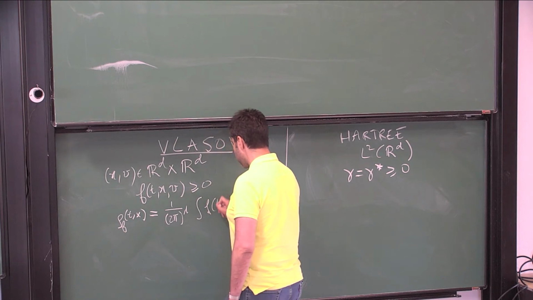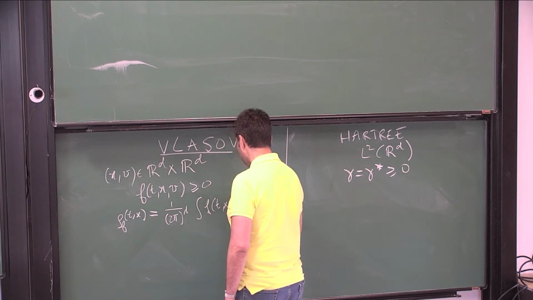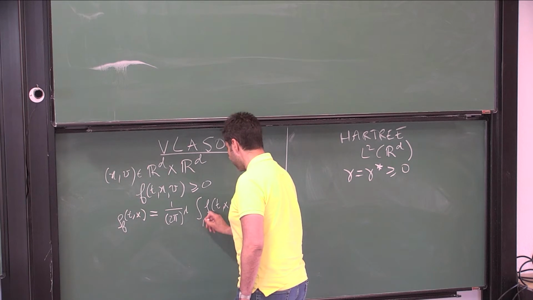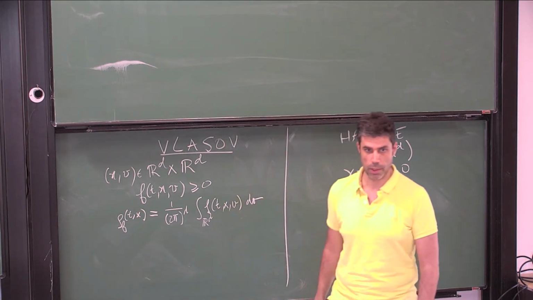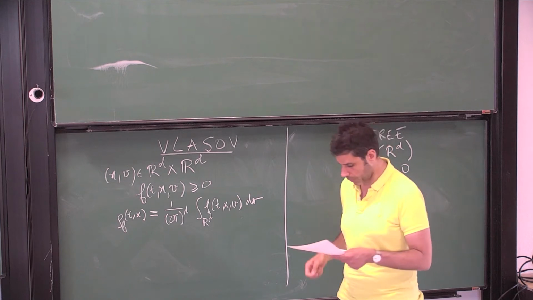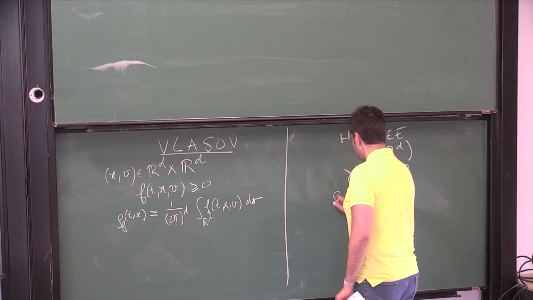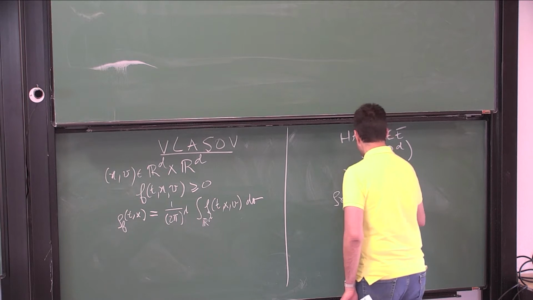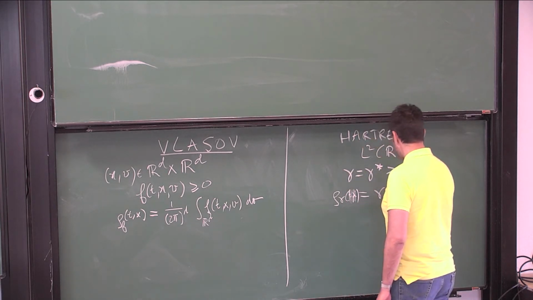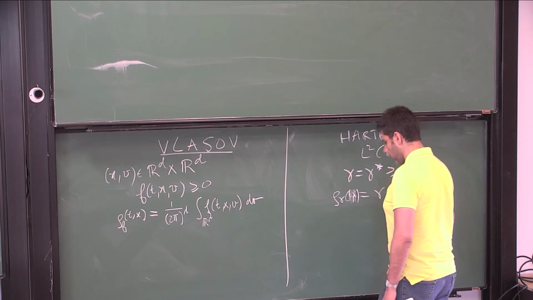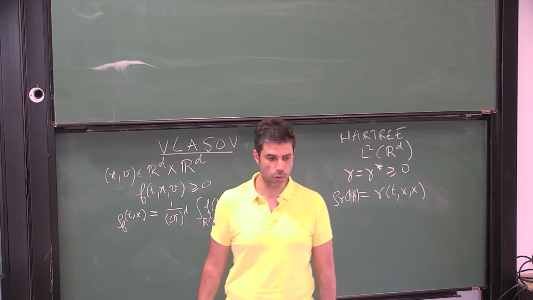It's just that you integrate your distribution over all possible velocities, and then you get the corresponding density. On the quantum side, the rho gamma of t, x is just gamma of t, and what you have to do is look at the kernel of your operator gamma.